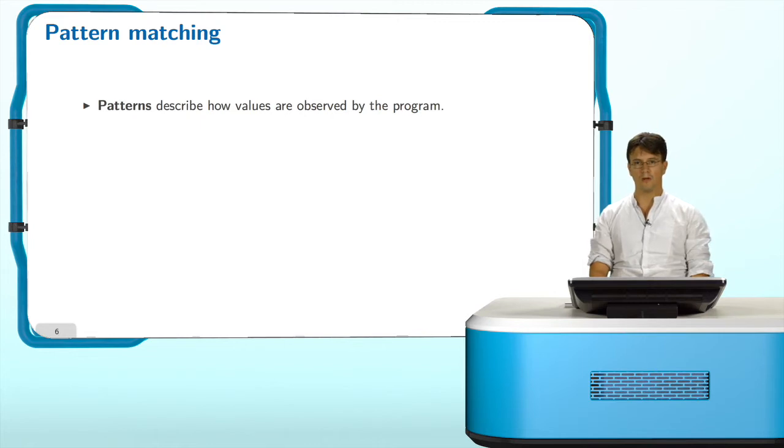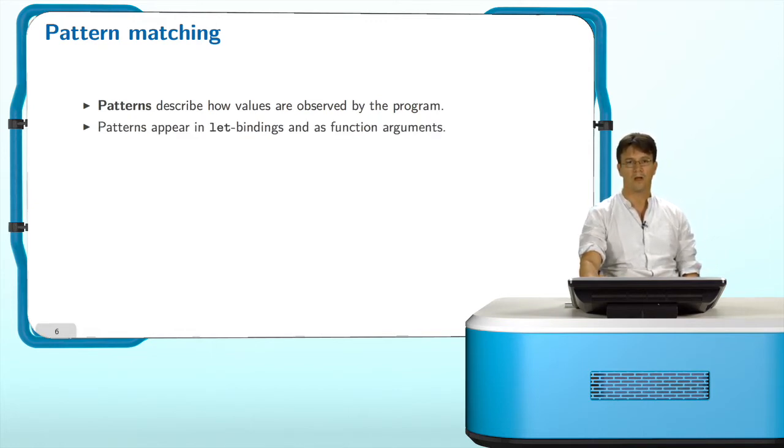Observation of a tuple, or in fact of any structured data in OCaml, is based on pattern matching. Patterns describe how values are observed by the program. And they appear in let bindings and as function arguments.